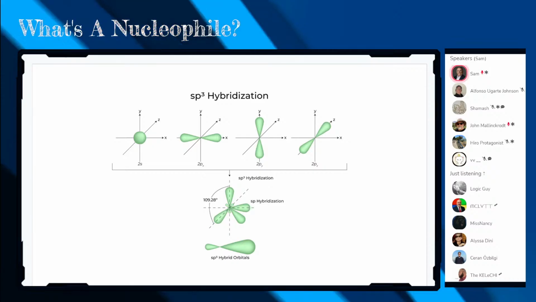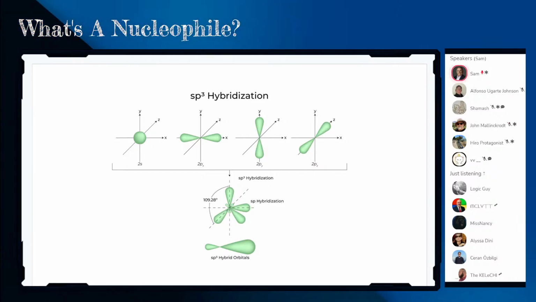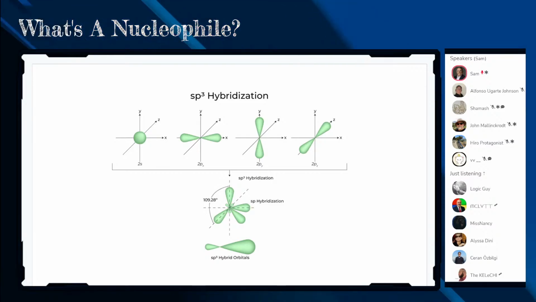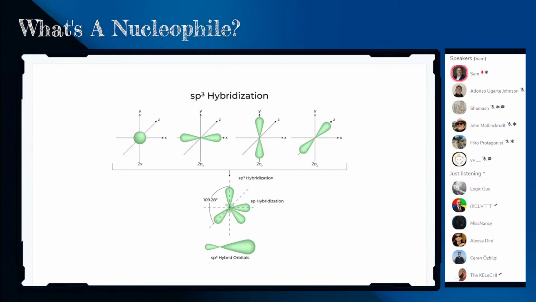So the biggest lesson from this cartoon is that what I've shown is that carbon and oxygen are sharing electrons in these orbitals, but they don't share and share alike. The electrons aren't spending time equally over carbon and oxygen.